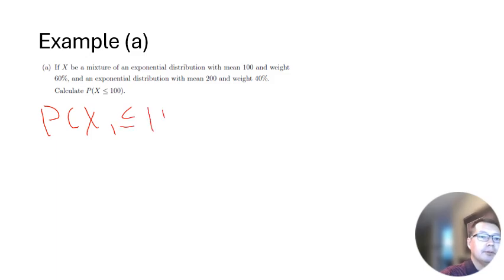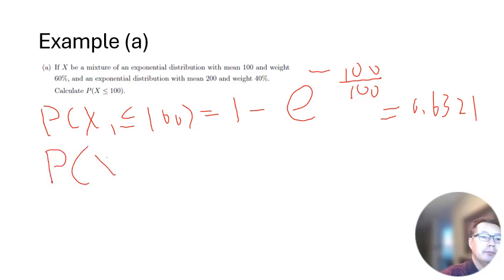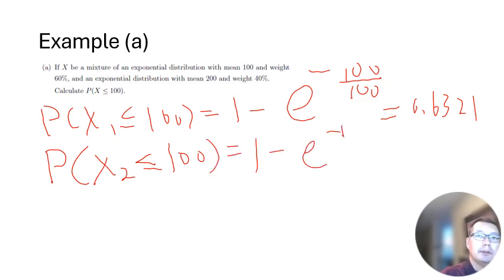So first we will do P(X1 less than or equal to 100), which is an exponential distribution, so we know it's 1 minus e to the negative 100 over theta 1, which is 100. So here we can get 0.6321. Similarly we need to get X2, except here you have theta 2, which is 200, so you get 0.3935 here.